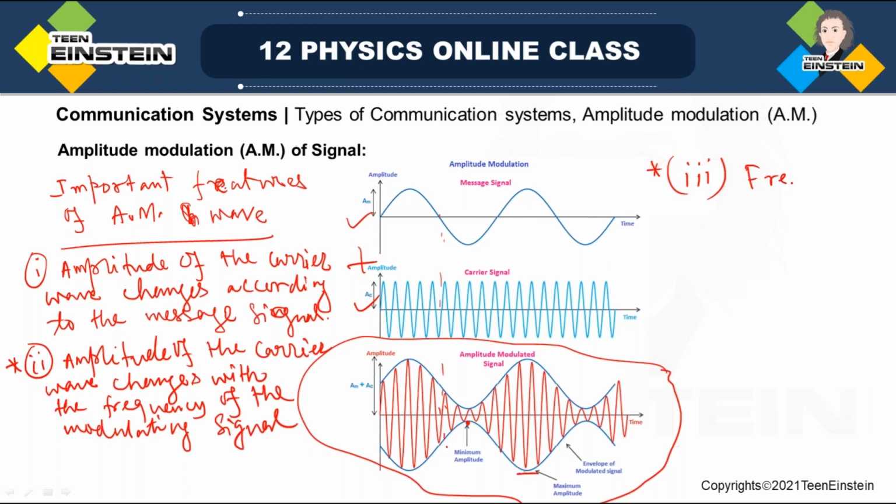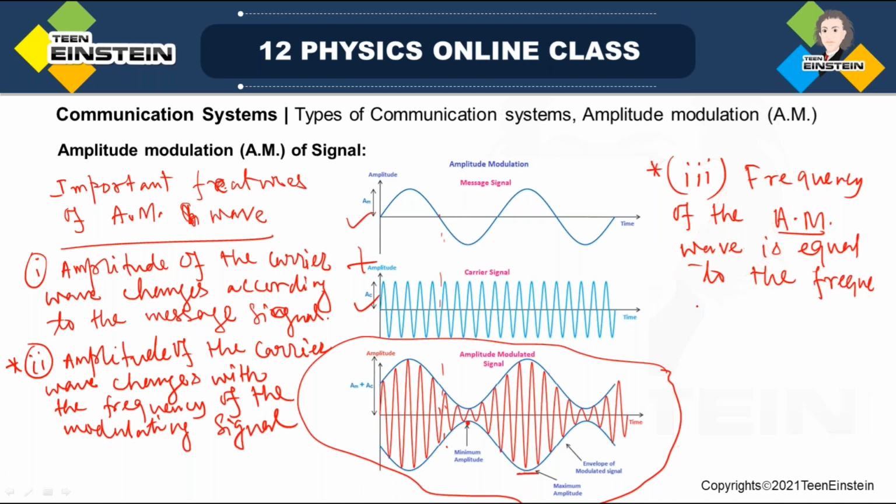The frequency of the amplitude modulated wave, I'll write AM wave, is equal to the frequency of the unmodulated carrier frequency.